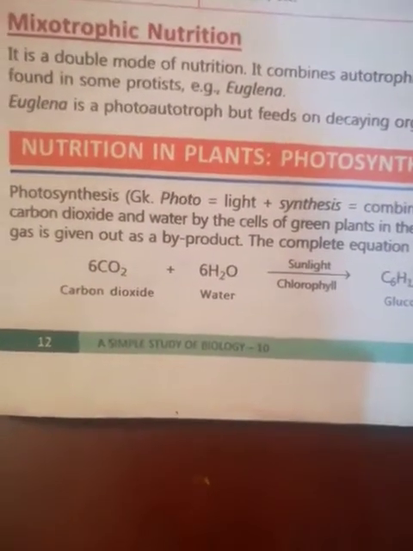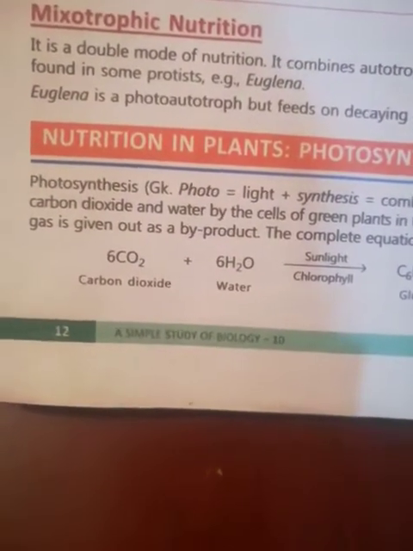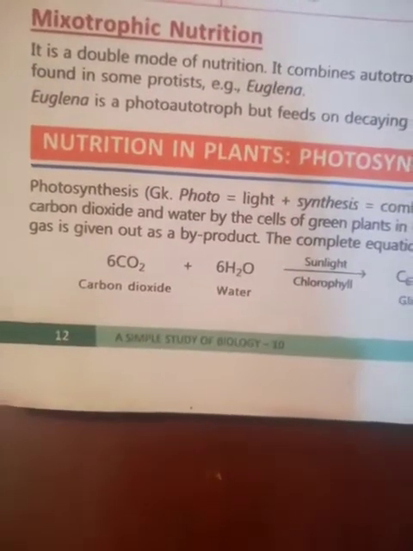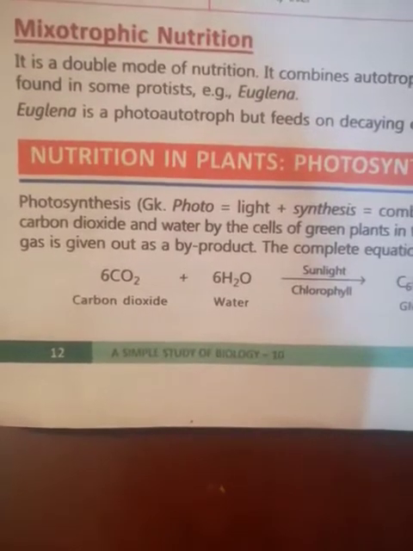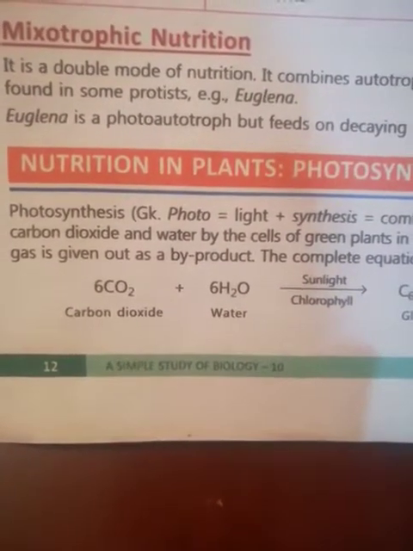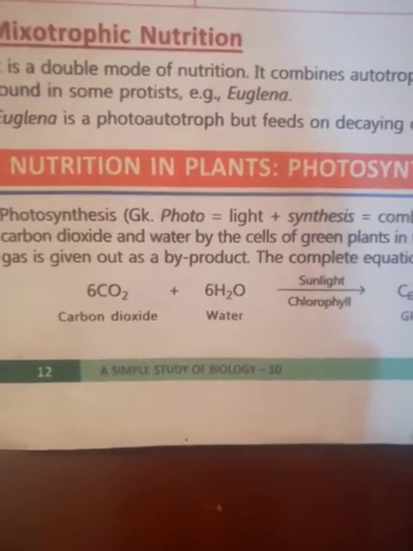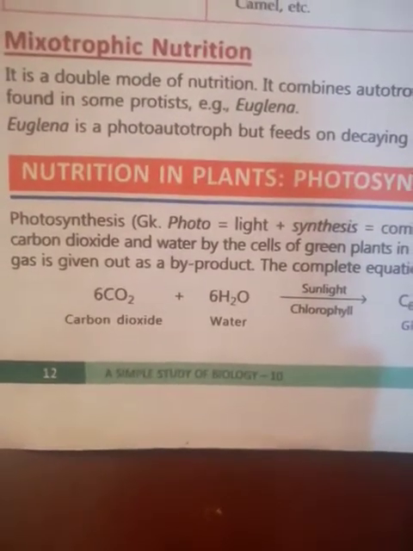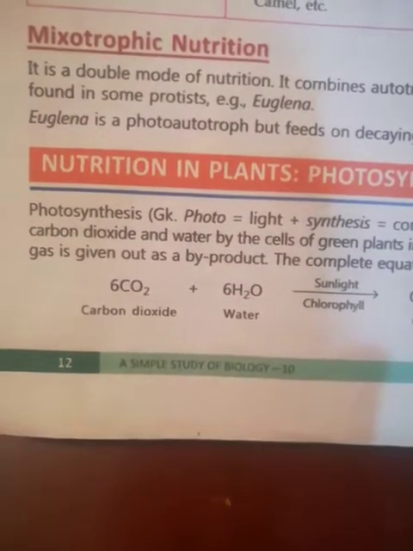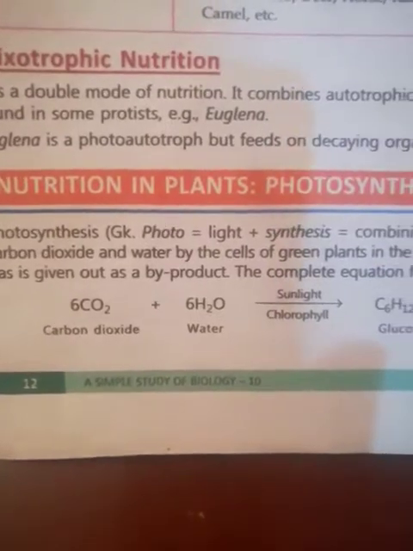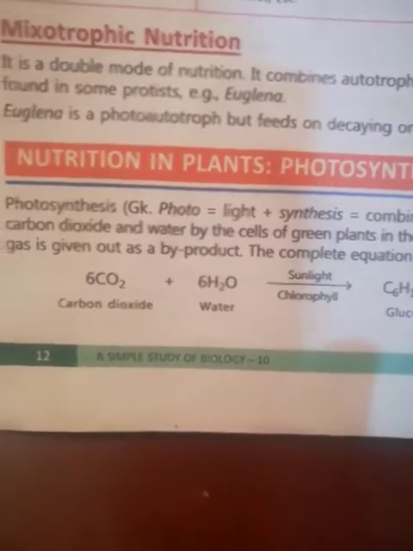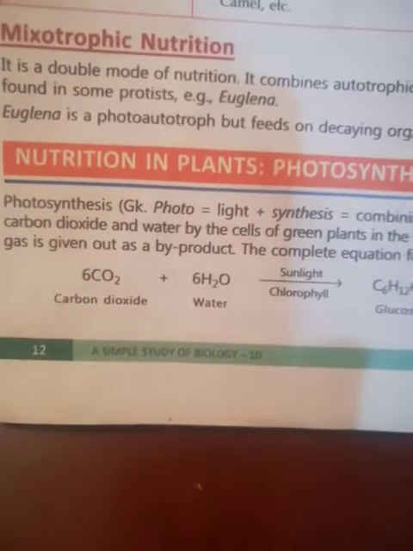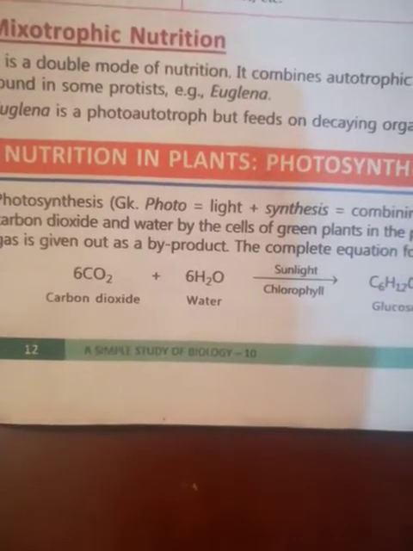Photosynthesis is a process in which green plants or green parts of the plant trap solar energy and change it into chemical energy or assimilatory power, that is ATP and NADPH.